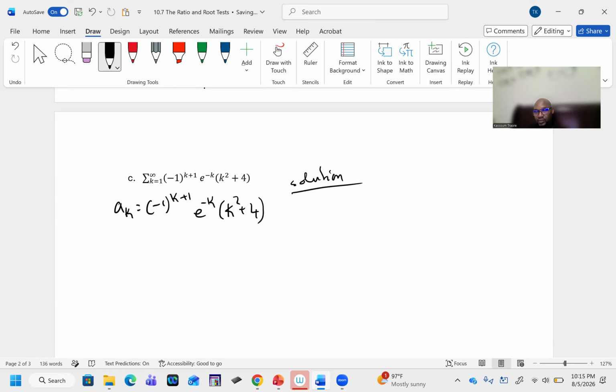And a sub k plus 1 will be negative 1 to the power of k plus 2 times e to the power of negative (k plus 1) times k squared, which will be k plus 1 squared plus 4.